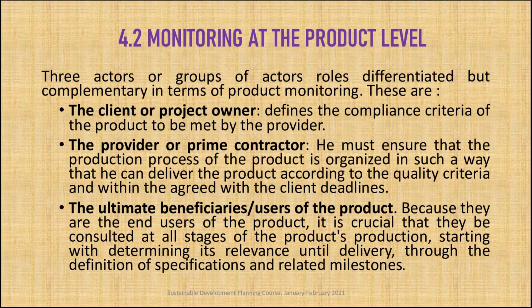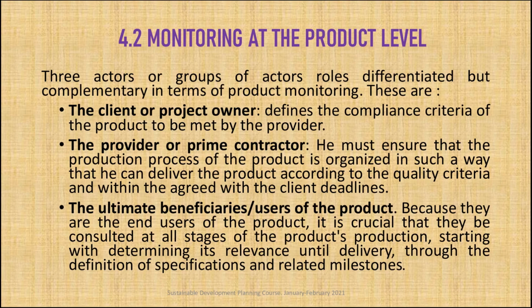The monitoring at the product level. There are 3 actors or groups of actors with roles differentiated but complementary in terms of product monitoring. These are, first, the client or project owner. It is that actor who defines the compliance criteria of the product to be met by the provider.